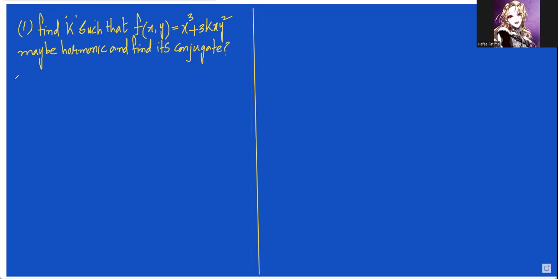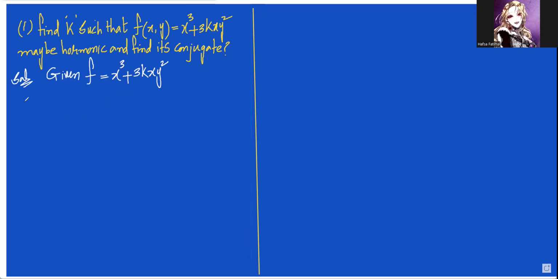The solution is given. f is equal to, I'm not writing f of x comma y, f is equal to x cube plus 3k x y square. Let me check the condition of harmonic function.